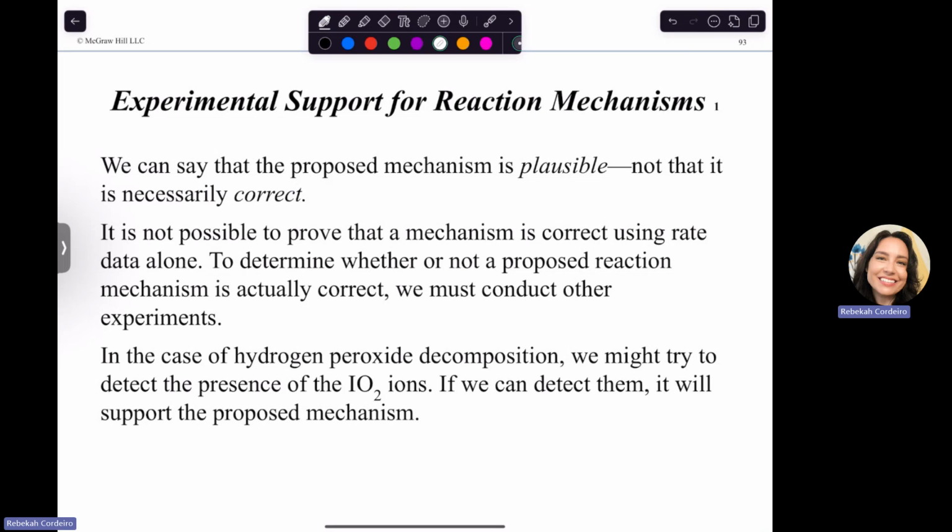We have to do other experiments. So if we can detect the presence of an intermediate, then we can go, well, that's probably a good mechanism because we actually do see that that is present, right? If we show that that intermediate exists at some point and then goes away, then that would make sense for that mechanism.